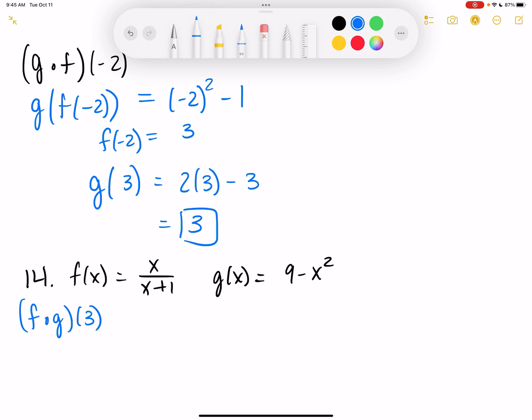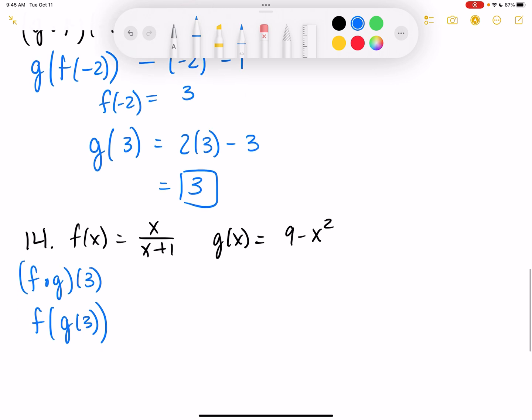And honestly on a test or a quiz you're most likely to see me write it like this when I'm asking you the question. I'm not as inclined to write it like this because I just like this way it looks better, but it doesn't really matter. So this is again f of g of 3. Okay, so that means in g, I'm going to plug in the number 3 for x. So I'm going to find that first.